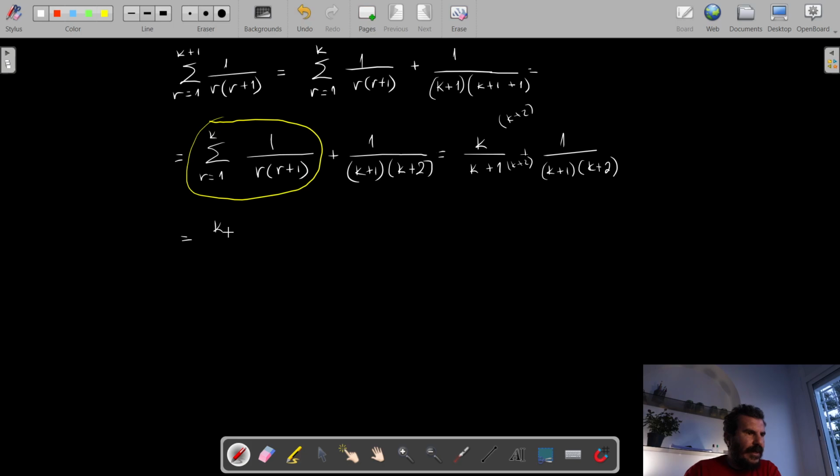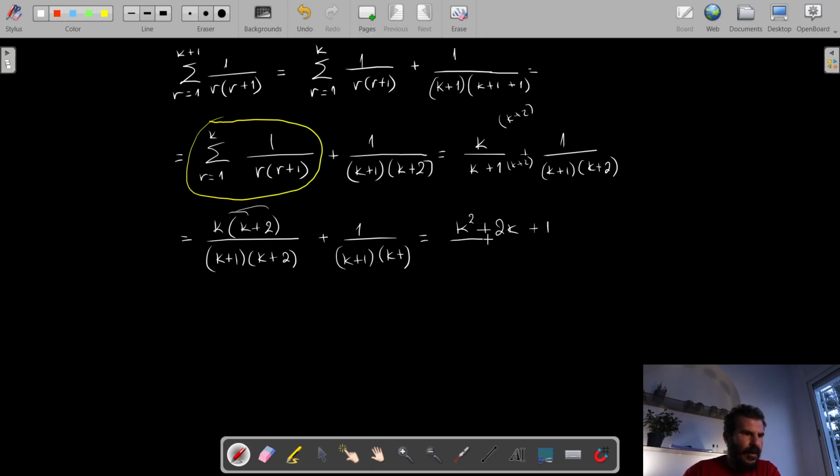So I will have k times k plus 2 over k plus 1 times k plus 2, plus 1 over k plus 1 times k plus 2. Let me add the numerators. By expanding, k squared plus 2k plus 1 over k plus 1 times k plus 2.